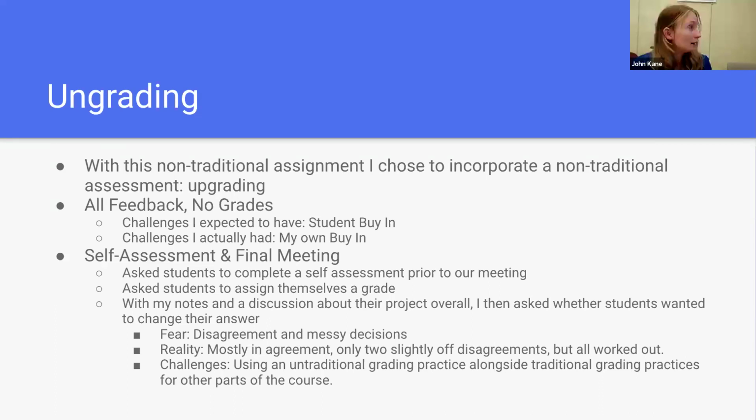Some of the challenges overall is that I use this untraditional grading practice in my Unessay, but I did use traditional grading practices in other parts of my course.